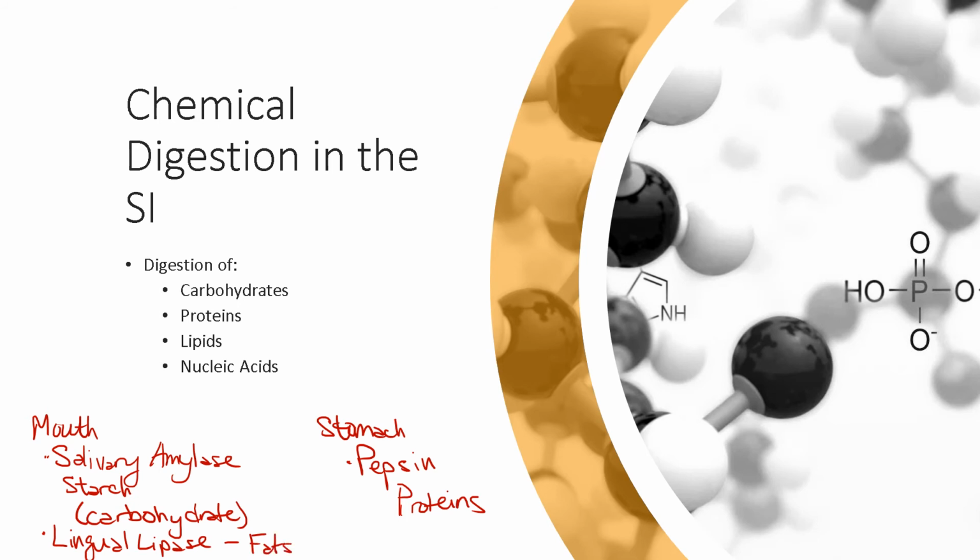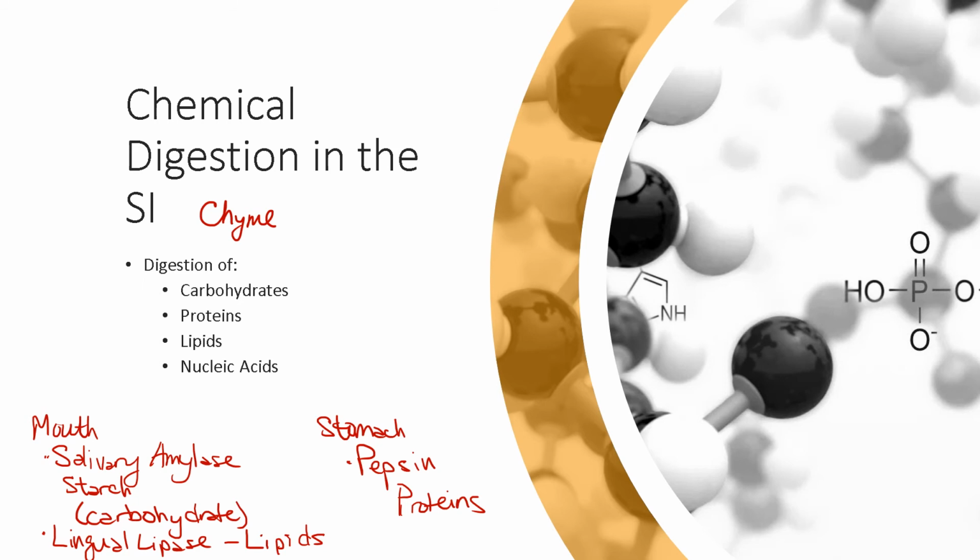So all this to say that chyme entering into the small intestine contains partially digested carbohydrates, proteins, and lipids. We could change these fats here. These are lipids. Fats are another term for lipids, but keep everything the same here.